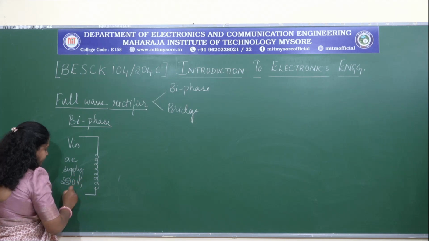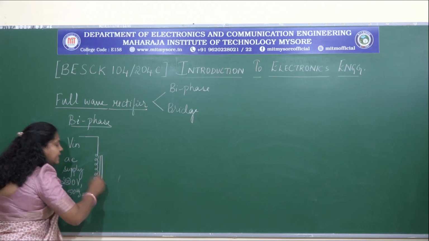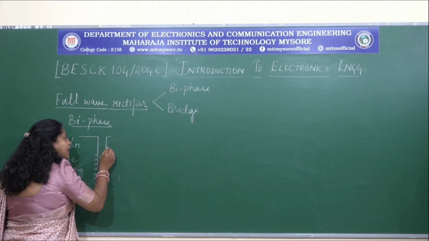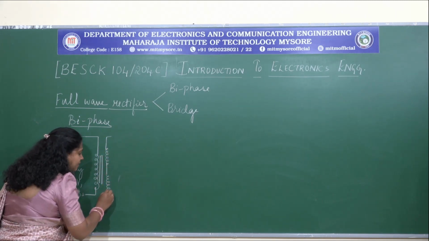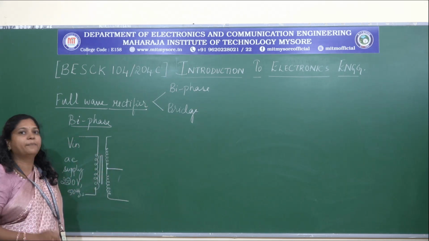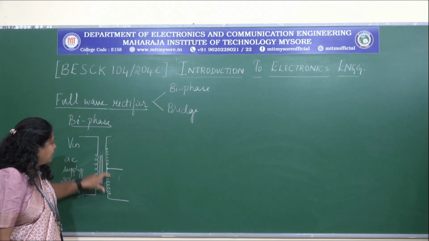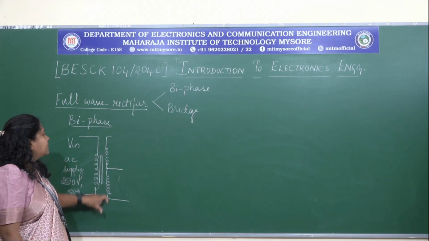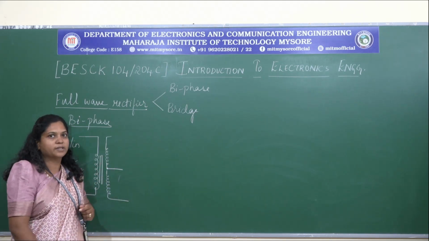It is connected through the secondary windings with fewer turns, but the speciality here is that we tap it at the center, and we call such transformers center tapped transformers. The primary winding is there, but the secondary winding we tap at the center. This type of representation is known as the center tap transformer.